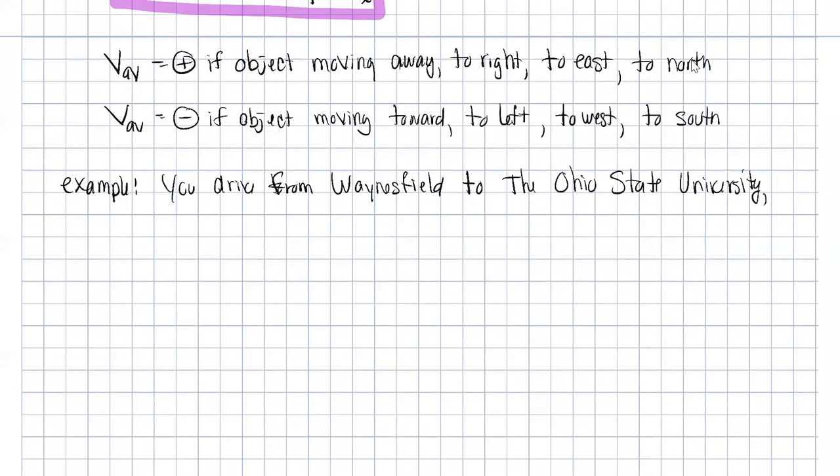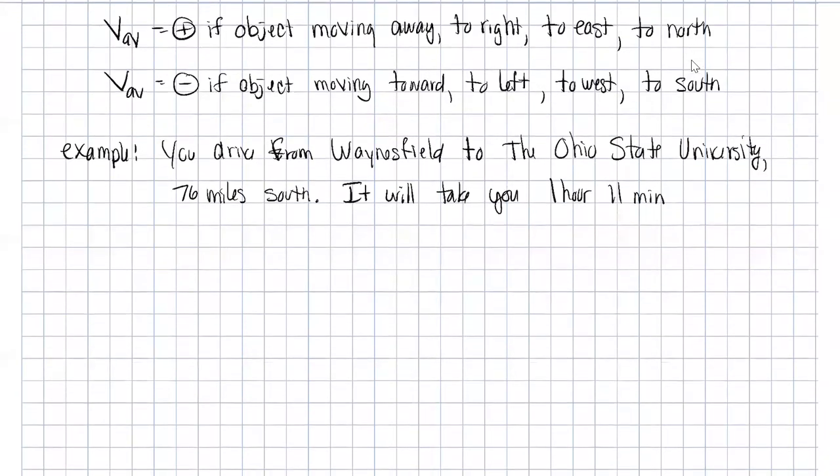The Ohio State University is about 76 miles, and it's more or less south. It will take you about an hour and 11 minutes, which happens to equal 71 minutes.